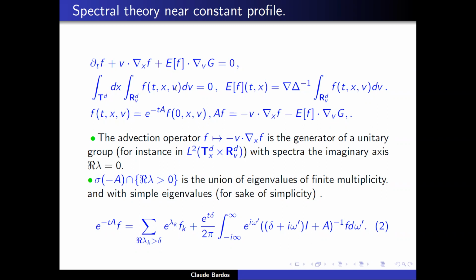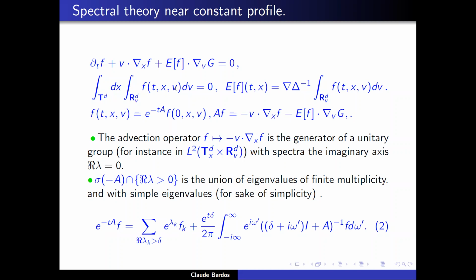So it's natural to start by the study of the problem when g is independent of the time. If g is independent of the time, the equation becomes a linear evolution equation, which you can write ∂t f plus E(f) grad_v g, for which E is still given in terms of f by this formula, and where the total density is equal to 0.